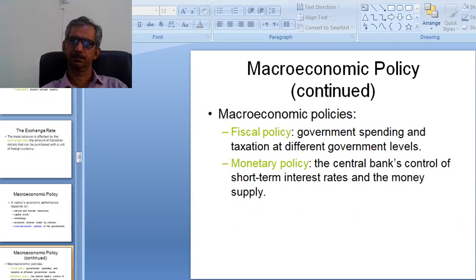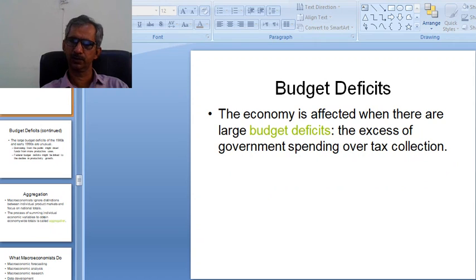In this course, we will be discussing the macroeconomic policies: the fiscal policy, also known as the budget policy, or government spending and taxation at different governmental levels. Monetary policy is run by the central bank or the state bank of any country. It uses interest rates or printing of currency notes.